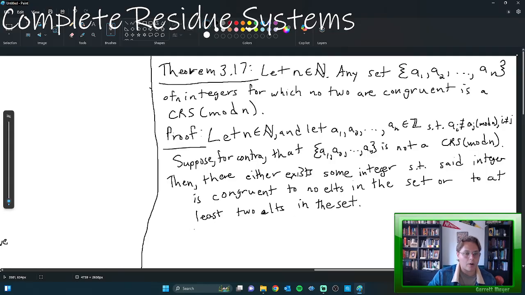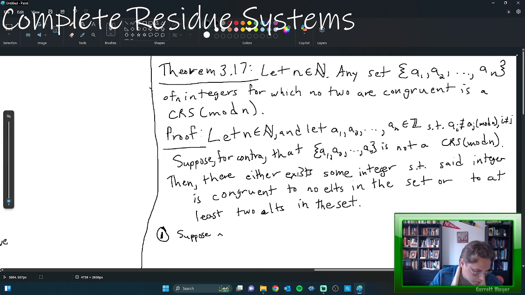Okay, so I want to show how each of these possible directions leads to a contradiction. So the first one, suppose, let me make this like an actual one.